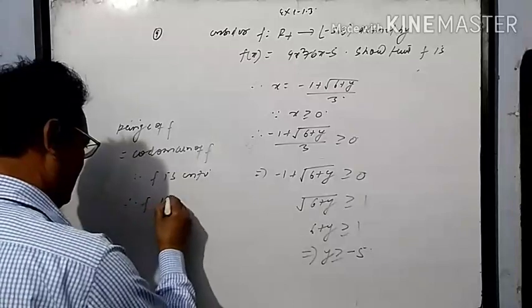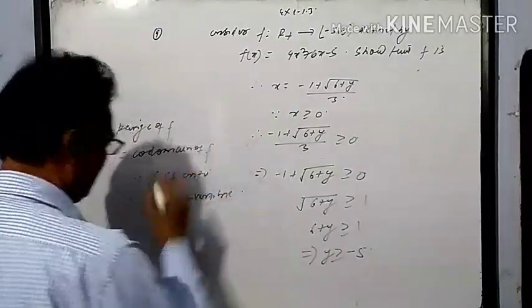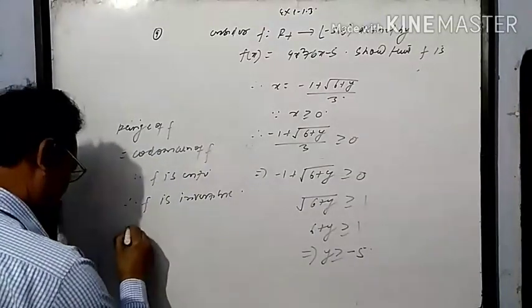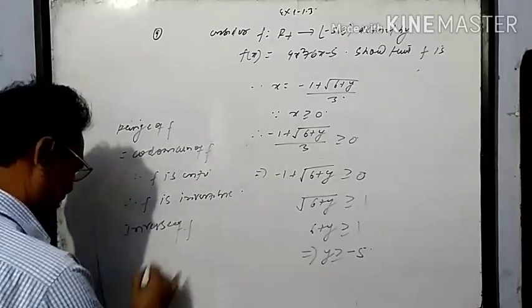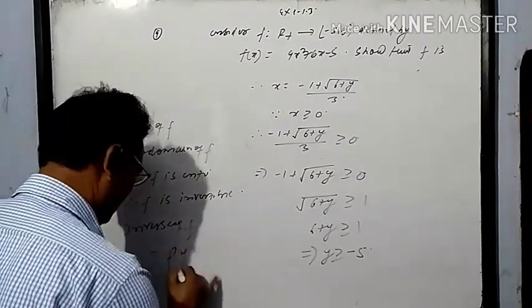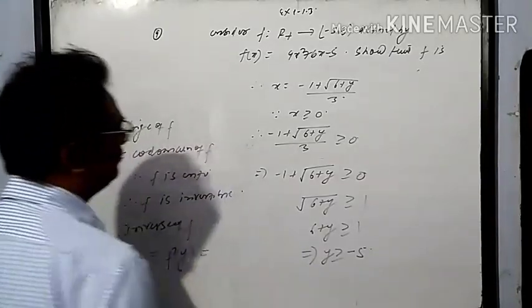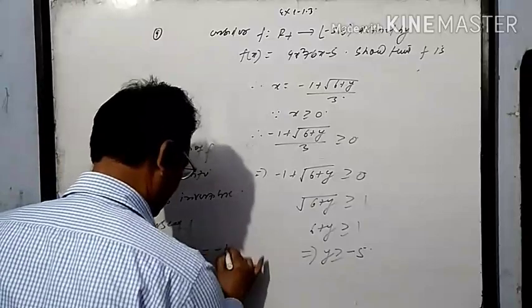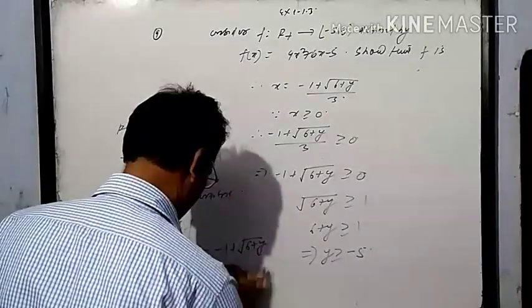Therefore, f is invertible, and the inverse of f is f inverse of y = (-1 + √(6 + y))/3.